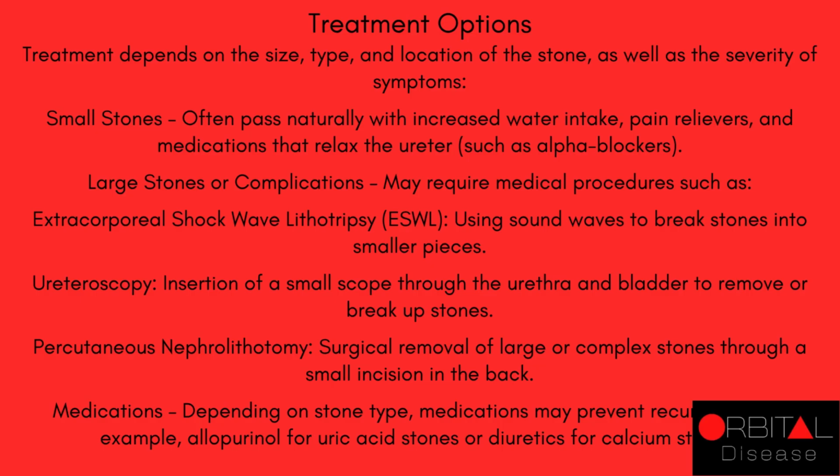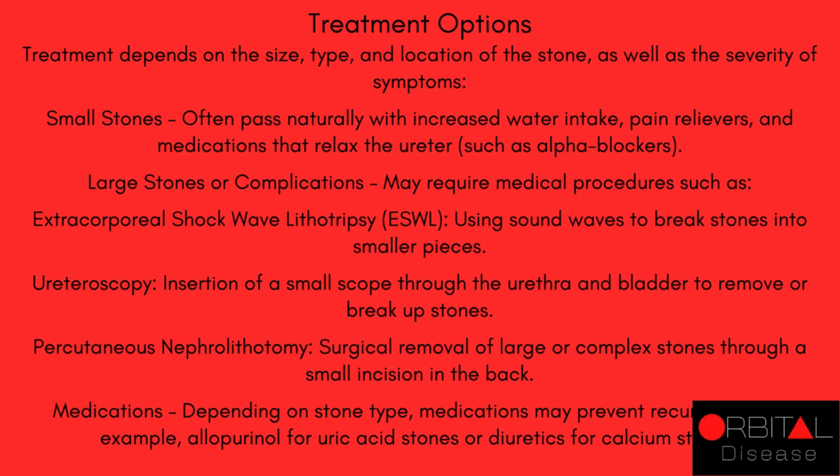Treatment options. Treatment depends on the size, type, and location of the stone, as well as the severity of symptoms. Small stones often pass naturally with increased water intake, pain relievers, and medications that relax the ureter, such as alpha blockers.